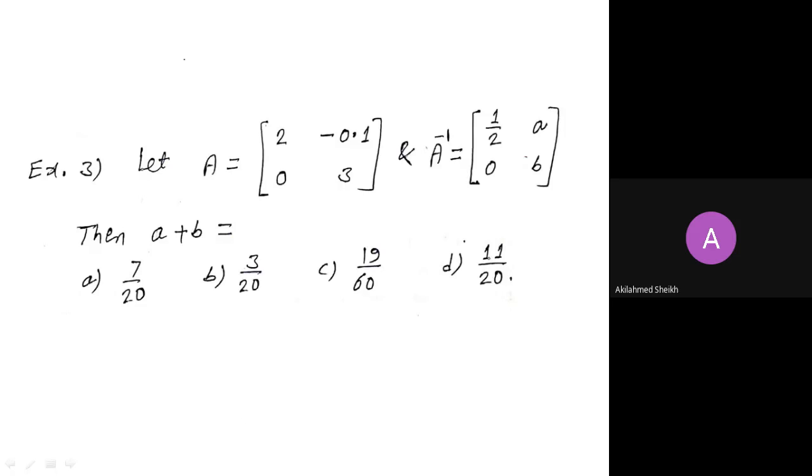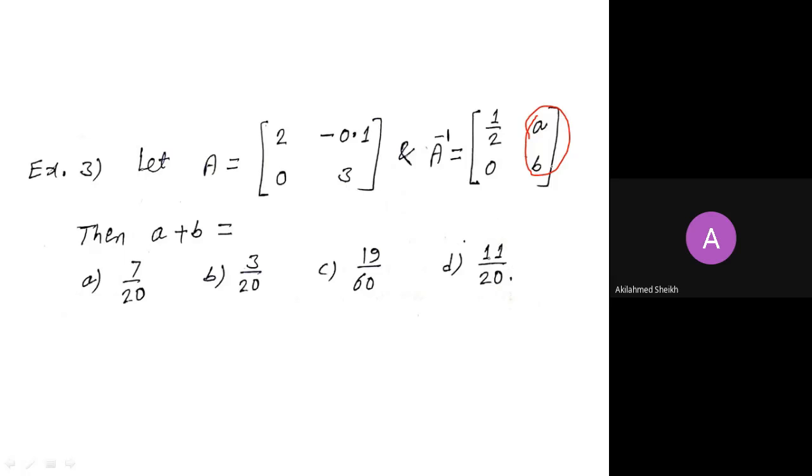Next, let A be a 2 by 2 matrix, and A inverse equals 1 by 2, A, 0, B. This is also a 2 by 2 matrix, the inverse of the given matrix A. Then A plus B equals, now we have to find the sum of these two elements. Options are given here.